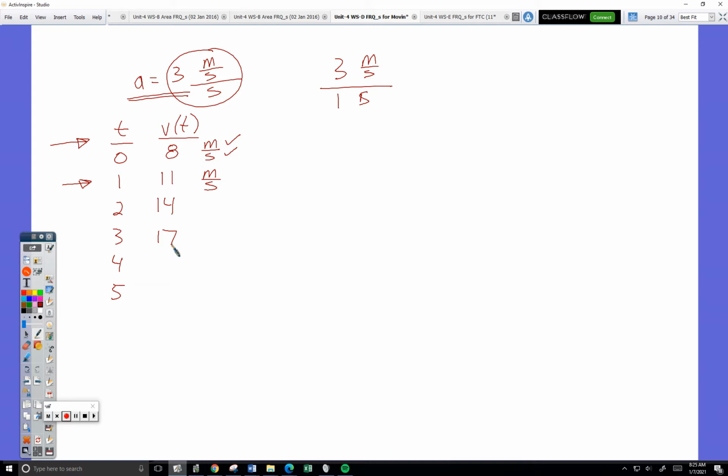Now change the situation. Make this negative. Let's go here. Meters per second every second.